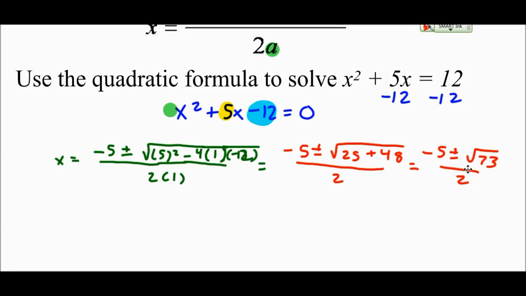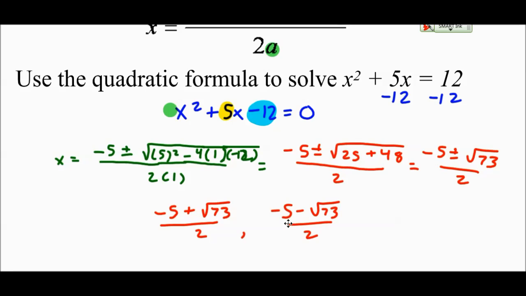There is nothing you can divide 73 by in order for it to come out evenly. So I'm just going to leave my solution like this. And if you want, you could write it like this. My two solutions are negative 5 plus square root 73 over 2, and negative 5 minus square root of 73 over 2.